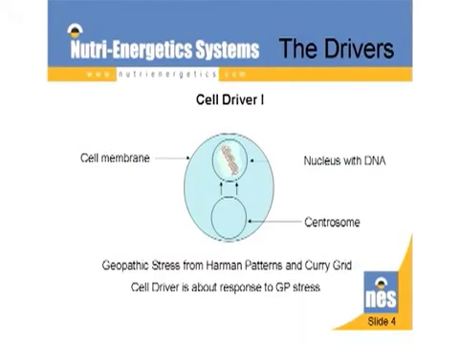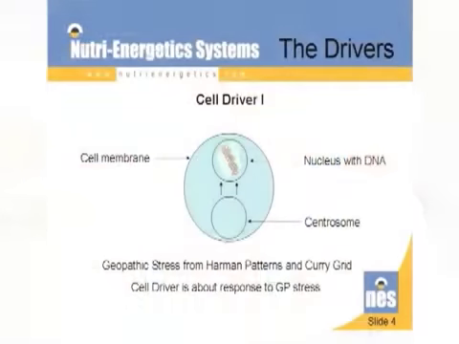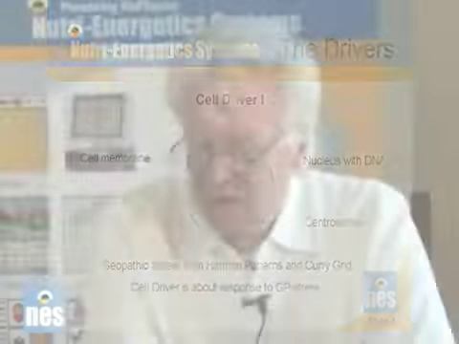Now, you can go onto Google and look at Hartmann patterns and Curry grid, and you'll be not much the wiser at the end because they don't seem to be measured in quite an acceptable way for scientists. Never mind the fact that there is something there and that the cell responds to it via the centrosome into the nucleus, into the DNA.